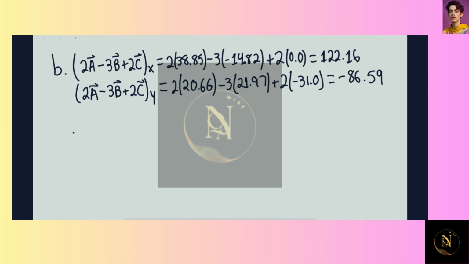And we have a positive x and a negative y, so this is going to lie in the fourth quadrant. Again, we want to find the magnitude.